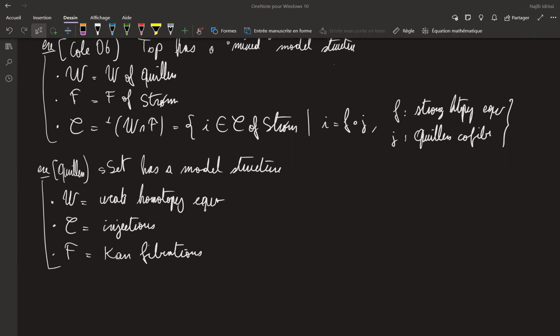It's the category of all simplicial sets, and fibrations are Kan fibrations. And so all objects are cofibrant, and fibrant objects are Kan complexes.